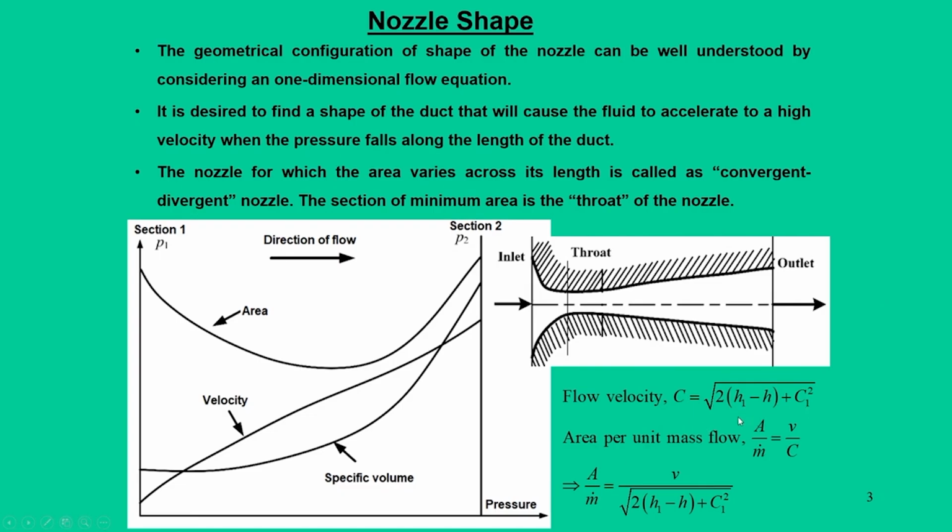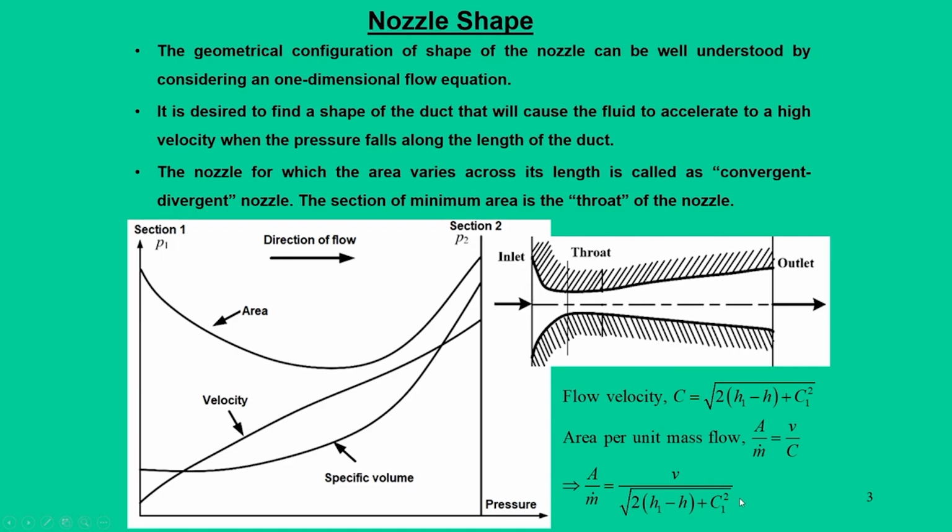Then we have the fundamental equation, the mass flow rate, m dot is equal to A times C by v, where v stands for specific volume. So, we arrive at an expression which we call area per unit mass flow, A by m dot is equal to v divided by square root of 2 times (h1 minus h) plus C1 squared.